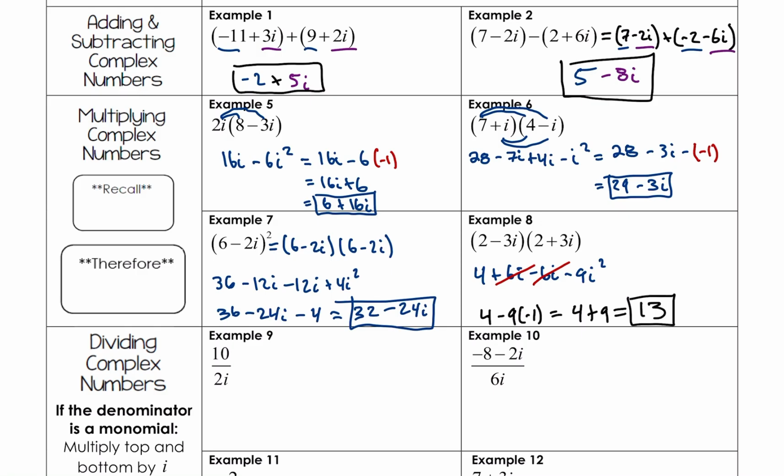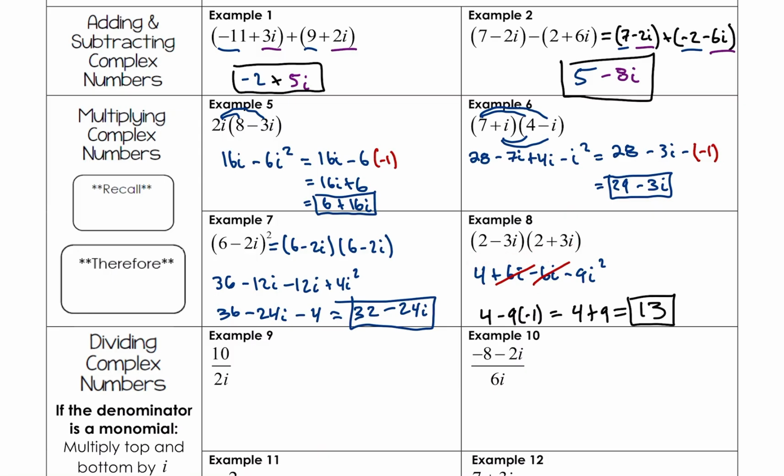Now, if you look at the original question here, it says 2 minus 3i times 2 plus 3i. The only difference between these two is one's a minus and one's a plus. So if I was referring to the first set of parentheses here, 2 minus 3i, I would call this second set the conjugate of the first set.